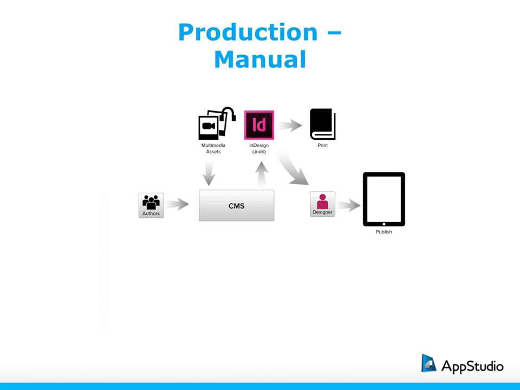Now, very often, if you're using a manual process, what will happen towards the end of the InDesign to print process, usually when there are no text changes required, and you're pretty much set. It's just some final editing and some final layout, and usually the gathering of a few additional assets like images. That is sent to either another team or another designer, or the same designer will start laying out the same content for a tablet device.